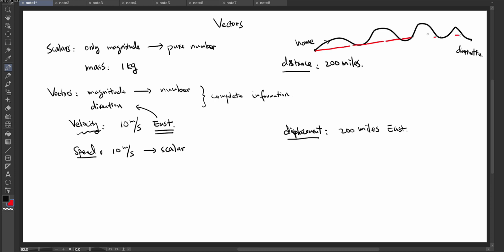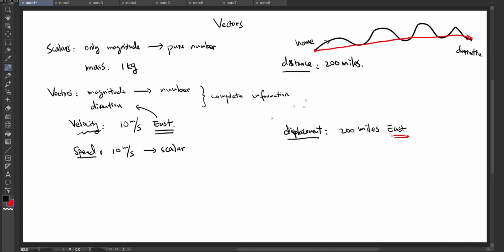So it's not a curved path anymore. It should be a straight line pointing from the origin, your starting position, to the final position, your destination. And it's a straight line that also has a direction going from the origin, your home, to your destination. Okay, that direction is east.